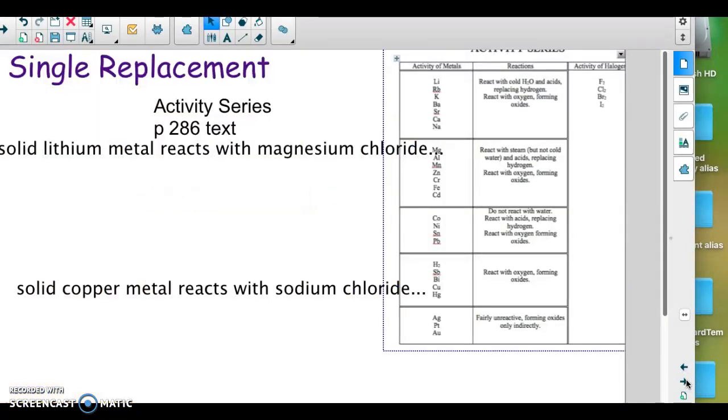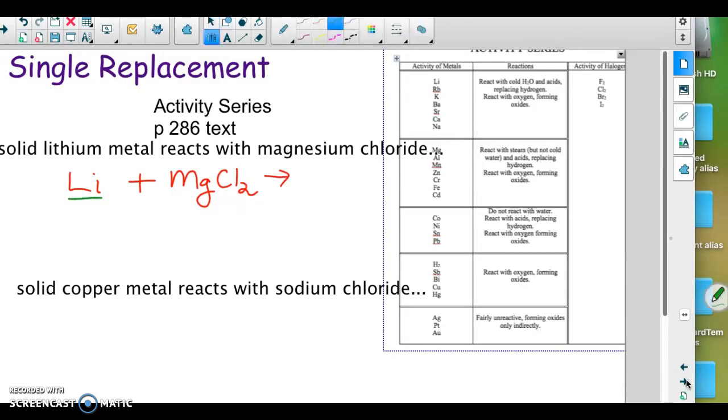When we do these reactions, we want to use the activity series. In the activity series, the metal or the nonmetal that's doing the replacing needs to be higher, which means it's more reactive, so the reaction can happen. So, for example, lithium metal plus magnesium chloride. So, metal, metal.